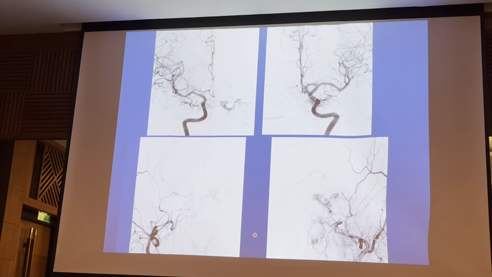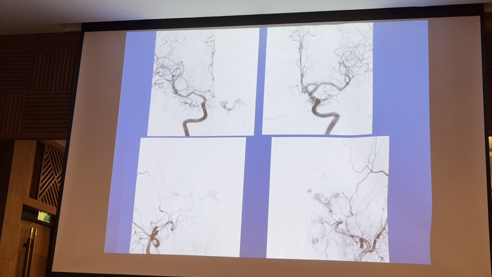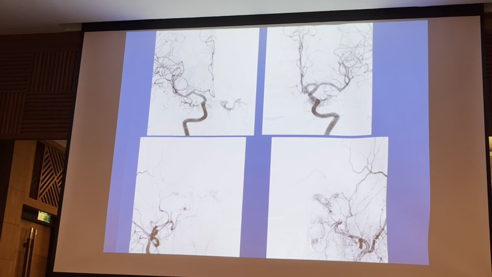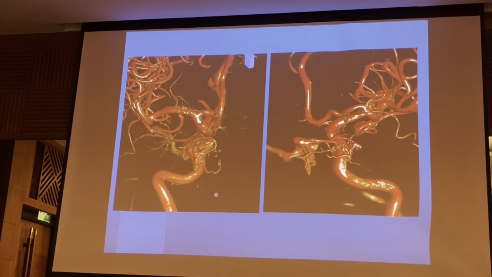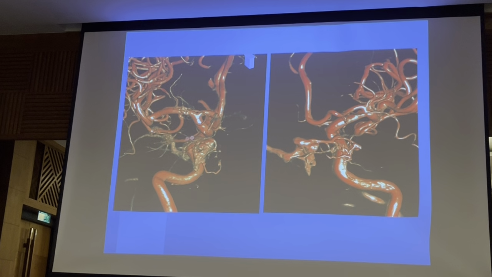Okay? This is anastomosis between the right and left side. You can see this dural shunt on the left side is supplied from the right internal carotid artery branch, as well as external carotid artery branches. The 3D angiogram clearly shows this posterior view of the left internal carotid artery and right internal carotid artery.